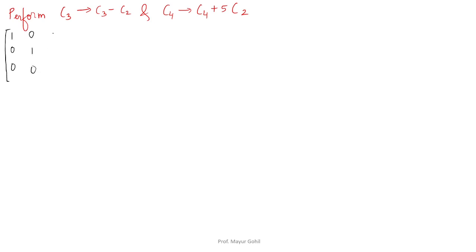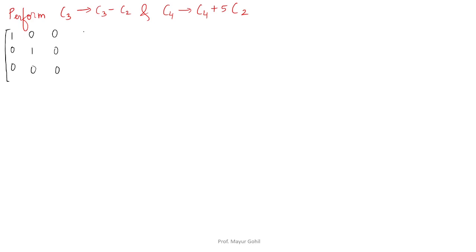Let us perform C3 changing to C3 minus C2 and C4 changing to C4 plus 5 times C2. This can be done. And now let us see what we get. So our matrix will become 1 0 0 0, 1 0 0 0 0.